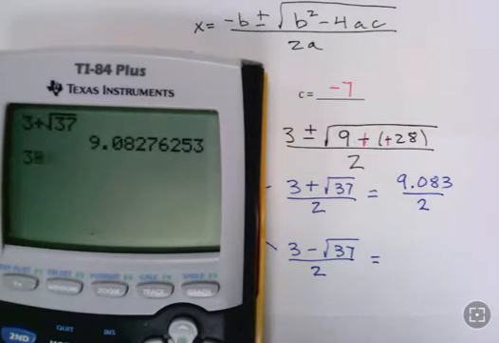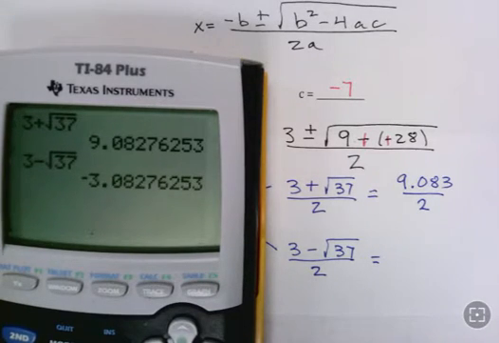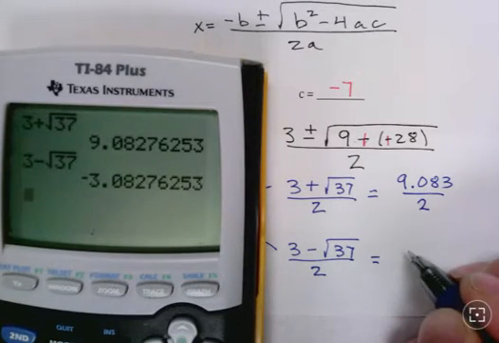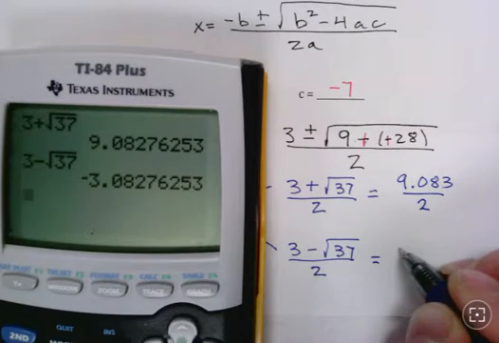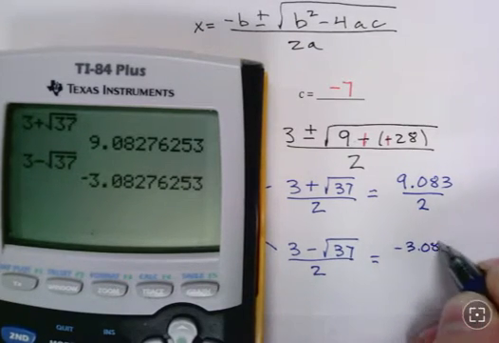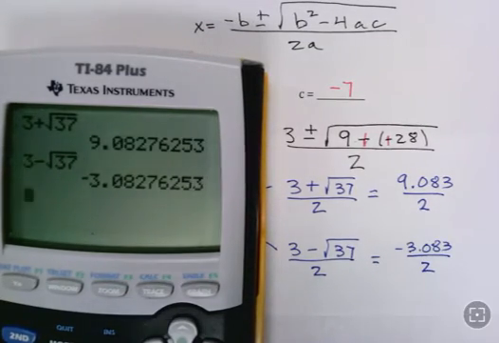And then you do 3 minus the square root of 37. Again, your calculator might be a little bit different than mine, but if you did that correctly, you should get negative 3.083, divided by 2.